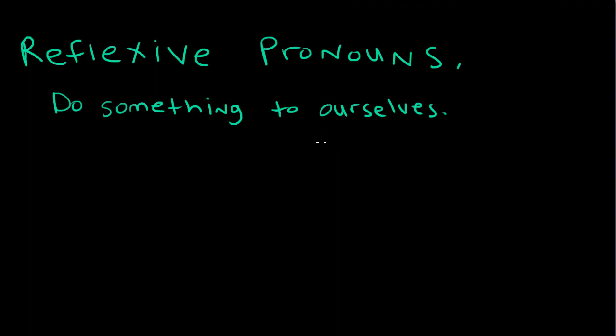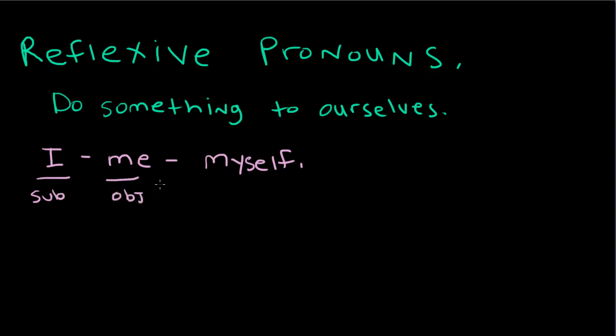For example, let's look at what the reflexive pronouns are. So we have a subject pronoun, we have the object pronoun, and then we have the reflexive pronoun. So for I, the subject, me is the object, and the reflexive pronoun is myself.